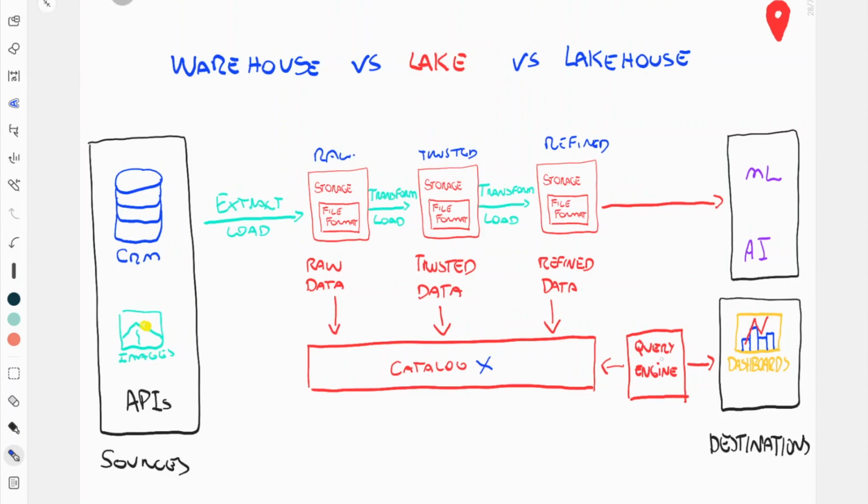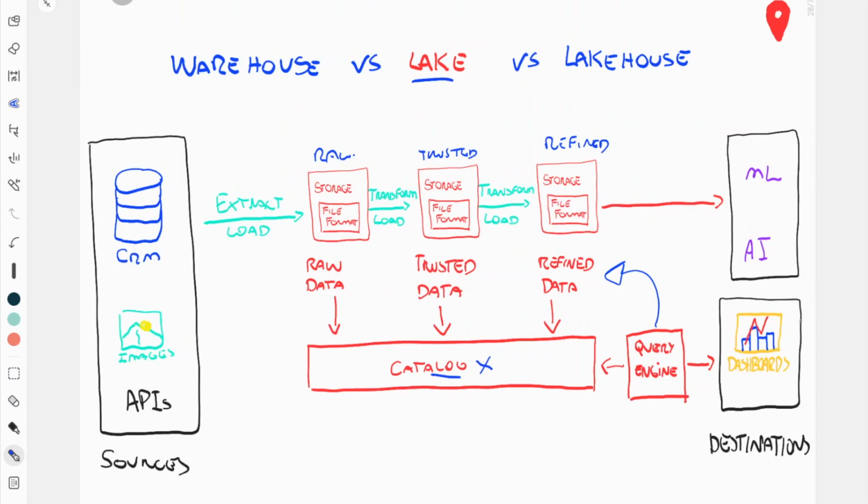But you have the query engine. Maybe the query engine is actually linked directly to here. You have some services that do that. For instance, you can read Parquet files with AWS Athena, but I would strongly advise, if you're looking into building a data lake, to look into a catalog.